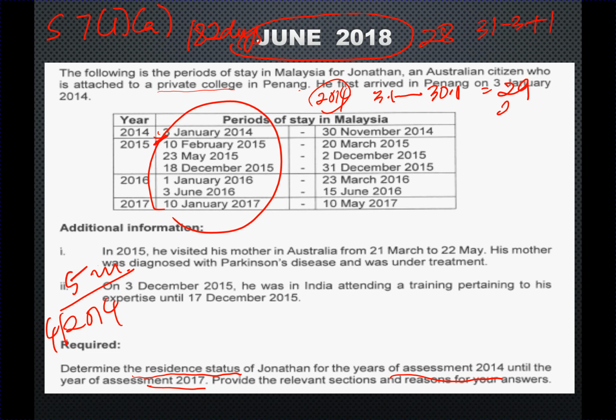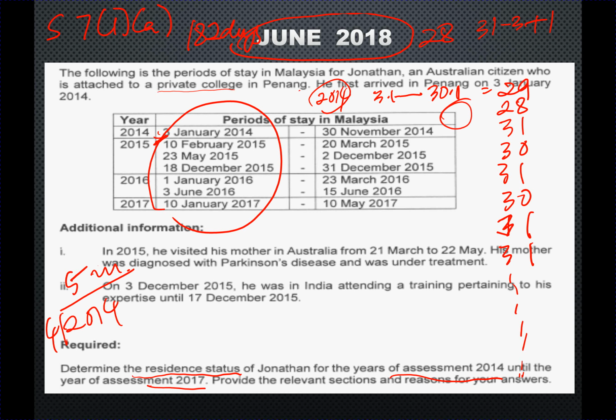Lepas tu campur Februari 28. March 31, April 30, Mei 31, Jun 30, Julai 31, Ogos 31, September. Awak campur ni. Okey, campur bagi dapat berapa hari lepas tu. Okey, lepas tu masukkan dalam kolom lah berapa hari.